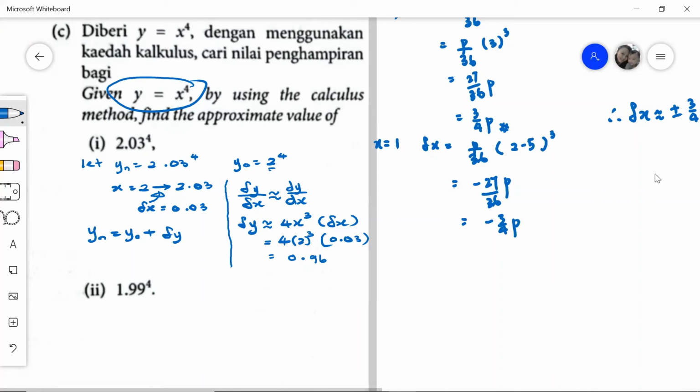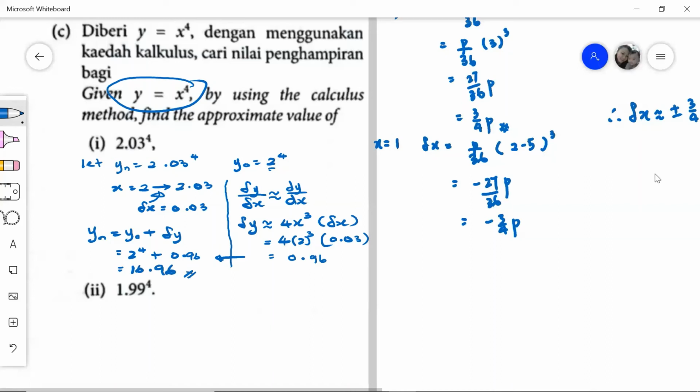Let's take the original y, that is 2 to the power 4, plus the delta y, which is 0.96. Therefore, 2 to the power 4 is 16, and 16 plus 0.96 gives us 16.96.